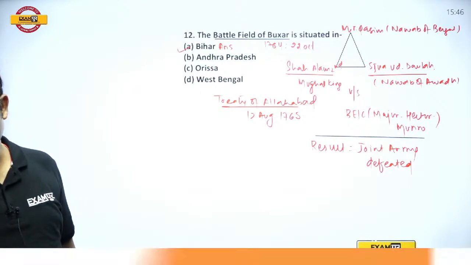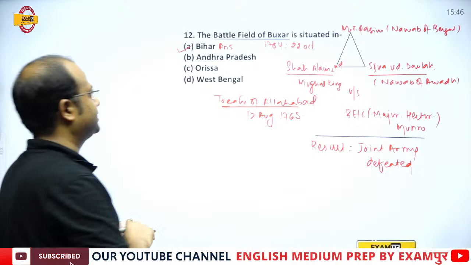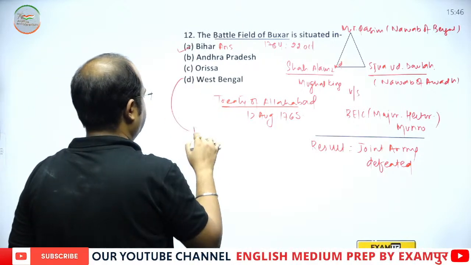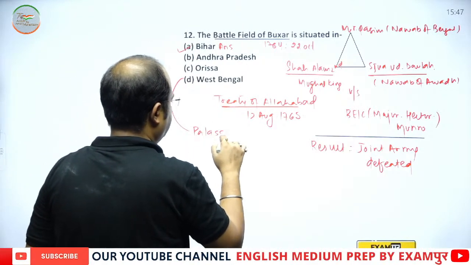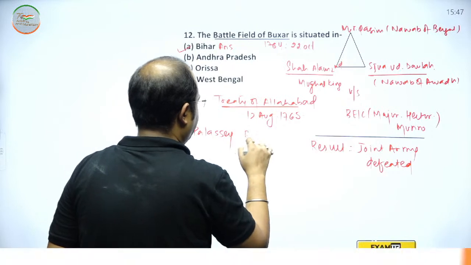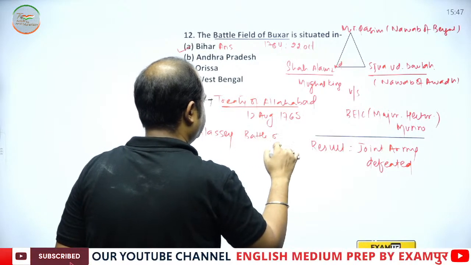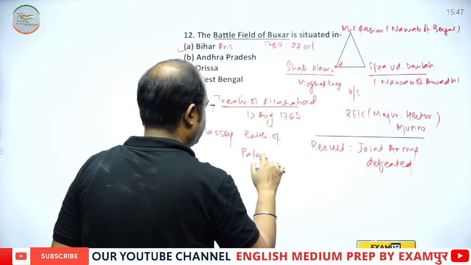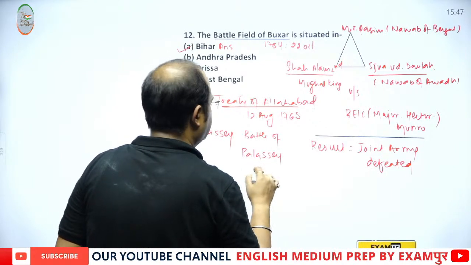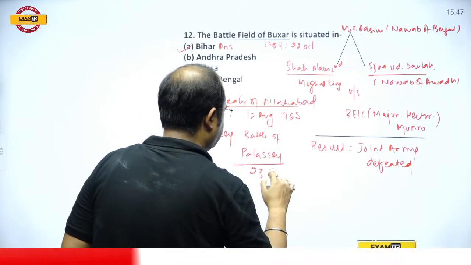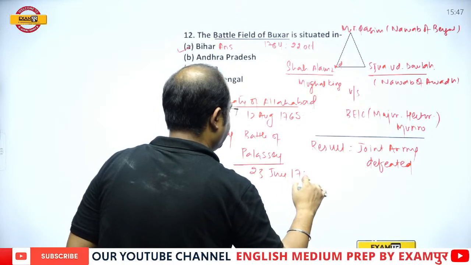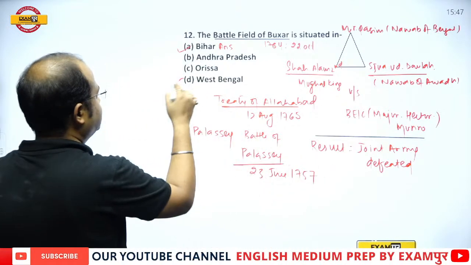So for West Bengal we have Palasi. That was the Battle of Palasi, fought in June 1757, and it is in Nadia district.